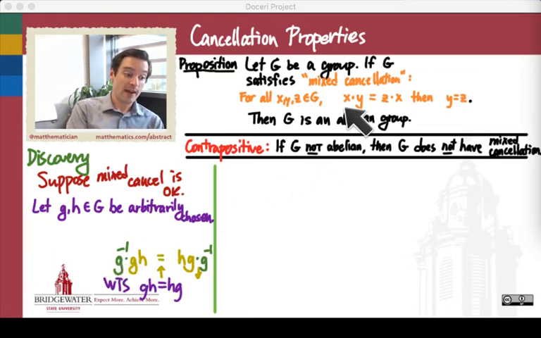And if mixed cancellation is okay, then this last step can be accomplished by the mixed cancellation of G inverse. So here the role of X is being played by G inverse, the role of Y is GH, the role of Z is HG. XY equals ZX, and then mixed cancellation would let me cancel those X's. But the nice thing about this, having taken a step backwards, is that I can simplify this expression by the associative property. G inverse G is equal to the identity.